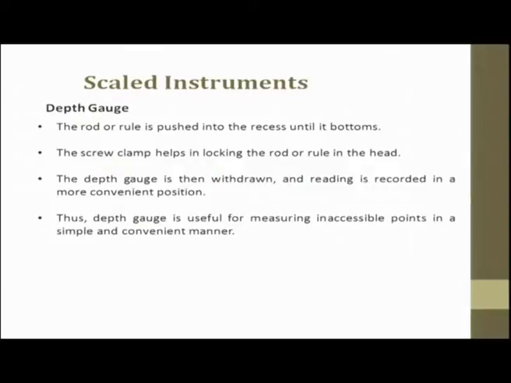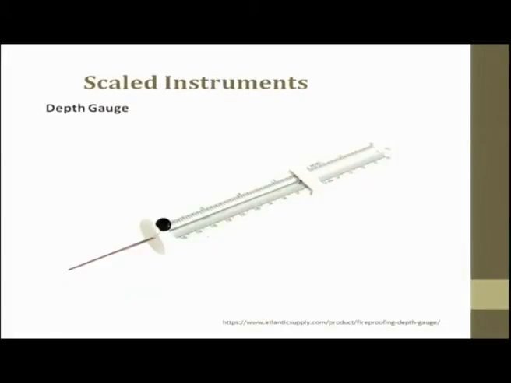The rod or the rule is pushed into the recess until it hits the bottom. The screw clamp helps in locking the rod, and the depth gauge is then withdrawn and you read the readings accordingly. The depth gauge is useful for measuring inaccessible points in a convenient manner. So, this is the depth gauge.